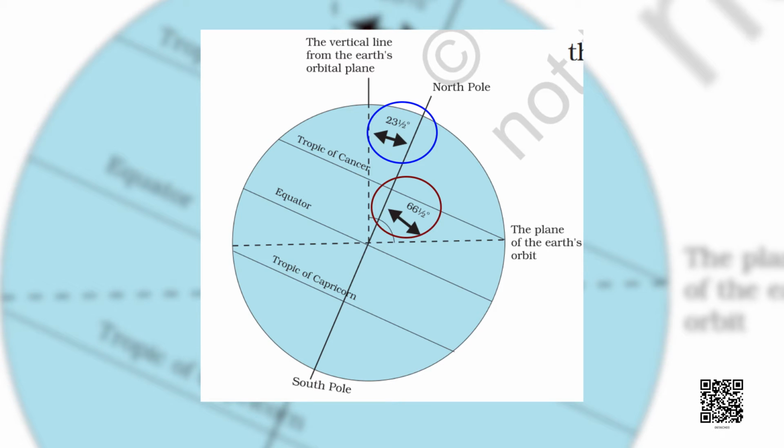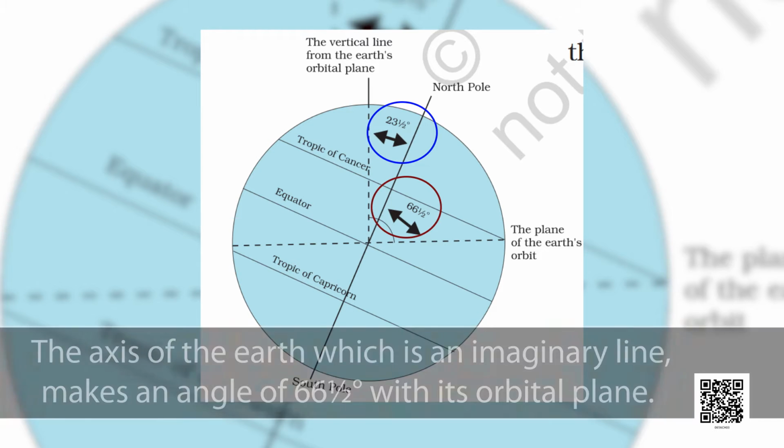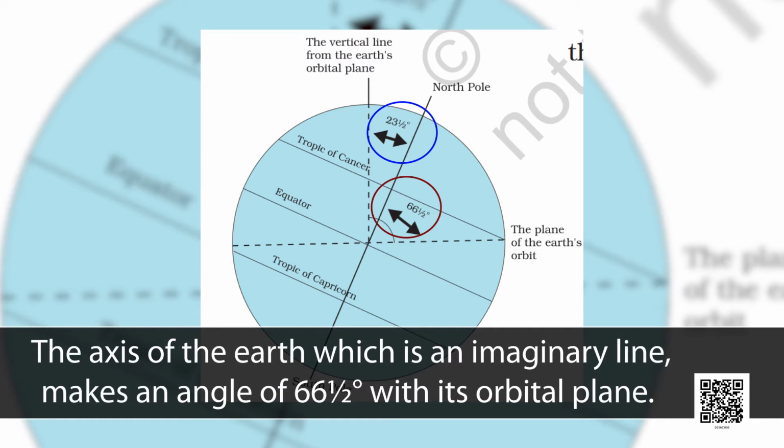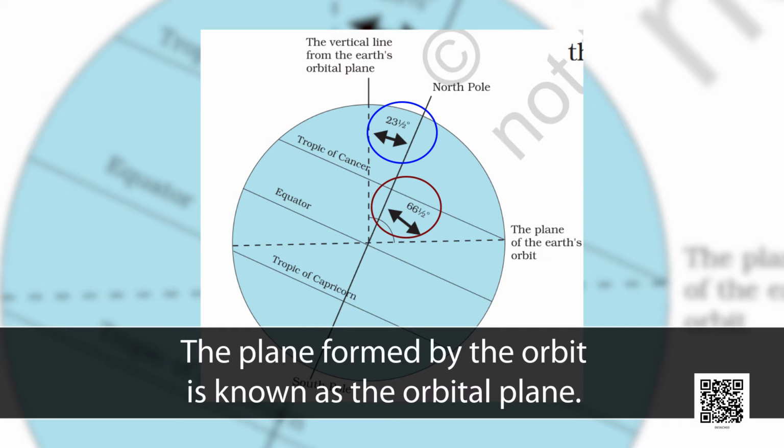The tilt of the Earth affects the angle between the sun beam and the normal over a surface. The axis of the Earth, which is an imaginary line, makes an angle of 66.5 degrees. What is orbital plane? The plane formed by the orbit is known as the orbital plane.